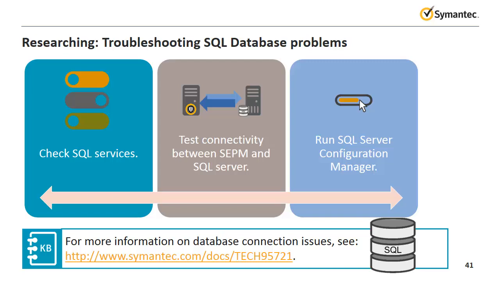In the SQL Server Configuration Manager, check the TCP port configuration. Ensure that TCP/IP protocol is enabled. To analyze a logon problem, search for keywords like error or connection in the SCM server, database connection, and Catalina.out logs. For more information, use the KB shown on the screen.